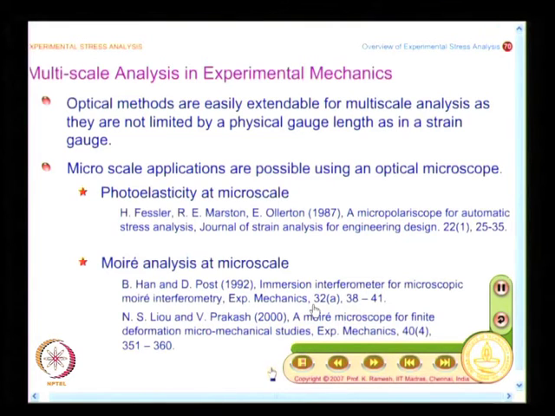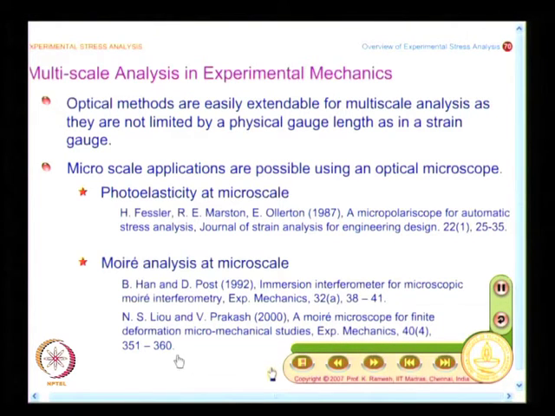With this, it is possible for you to access the information in the library, and you could have a look at those papers. And N.S. Leo and V. Prakash in 2000, they have come out with a Moire microscope for finite deformation micromechanical studies, again in Experimental Mechanics, and you have the page numbers. So, just write the first author, year, abbreviated name of the journal and the page number.